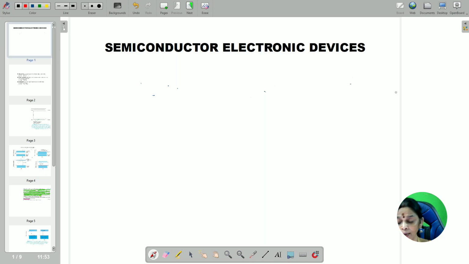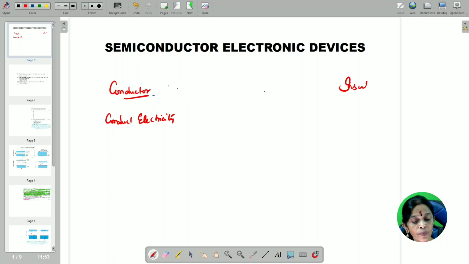Now, conductor. When we talk about a conductor, we all know that it conducts electricity, and an insulator does not conduct electricity.